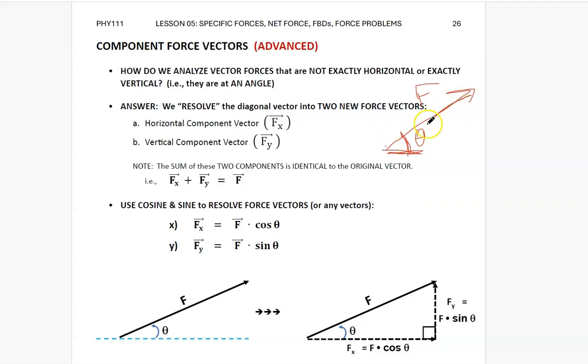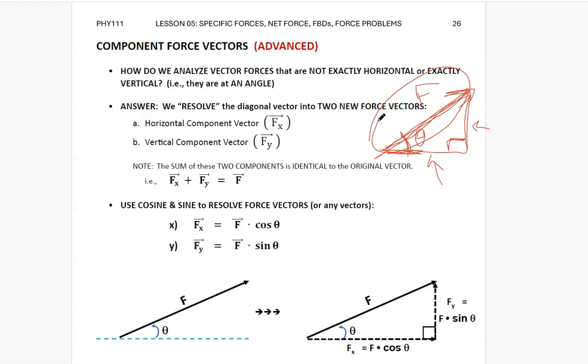And if we imagine that our force that we're interested in is the hypotenuse of a right triangle. Those of you who remember right triangles, a right triangle has a right angle in it, and there are two shorter sides on that right triangle and one long side. That's called the hypotenuse.